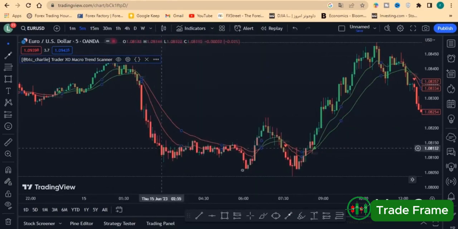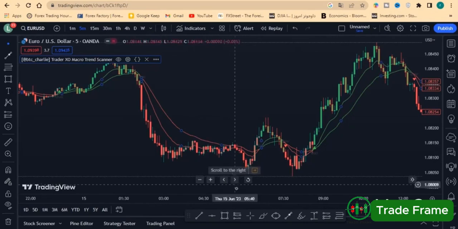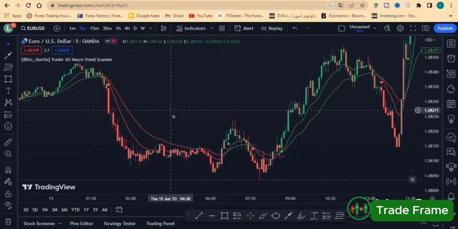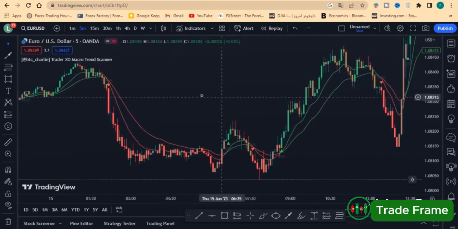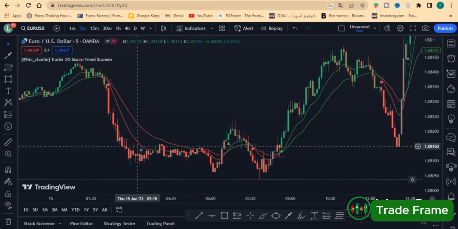This indicator provides us with very simple and clear buy and sell signals that we can use in a straightforward manner and easy to understand for our trading strategies. Now, this indicator includes 2 separate lines that are based on moving averages. Alright friends, the first one from the top is the slow moving average, and the one placed lower is the fast moving average.